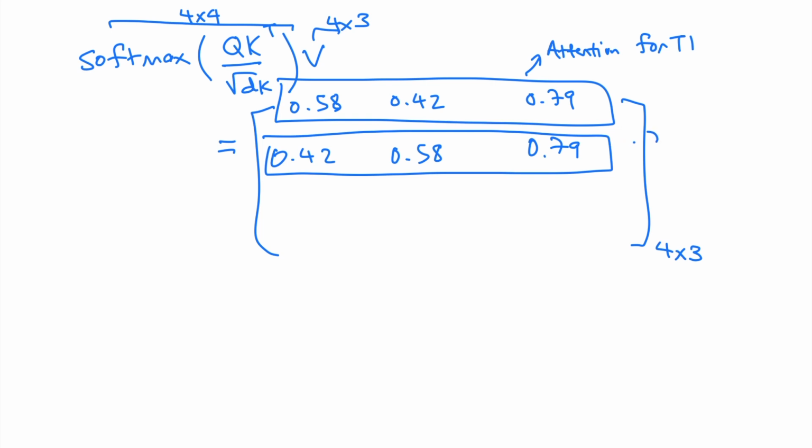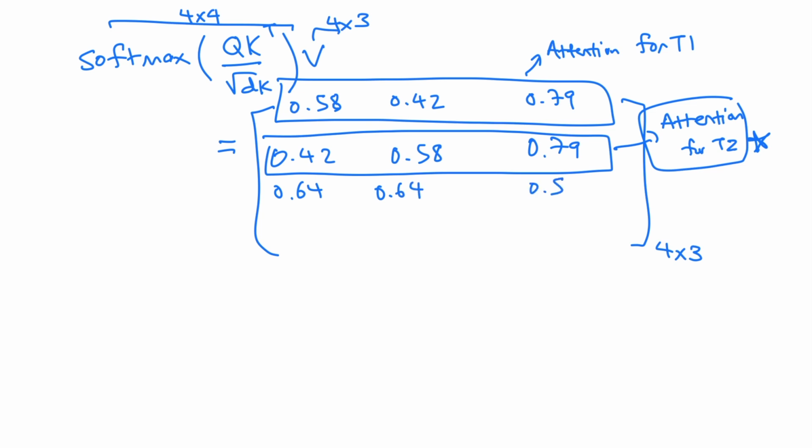Remember, in this case, we have 4 tokens, therefore this is 4 by 3. And you can see that we exactly recover that attention for the second token, which was 0.42, 0.58, 0.79. And that's great, right? So that's exactly what we wanted to do.